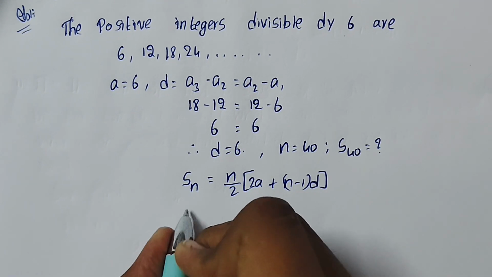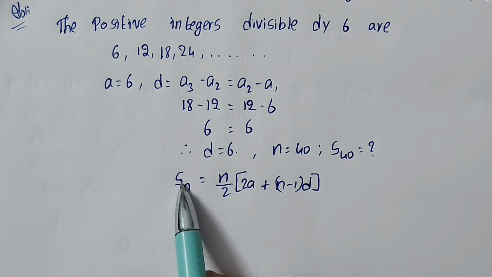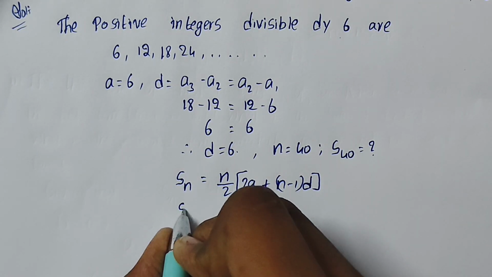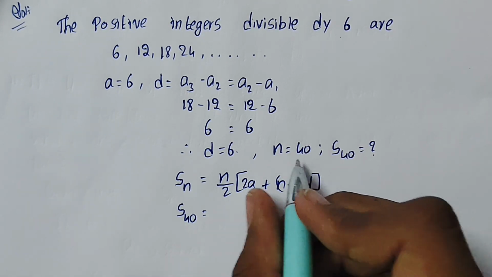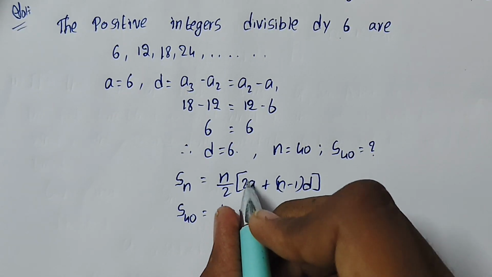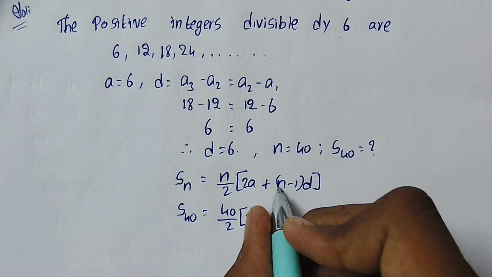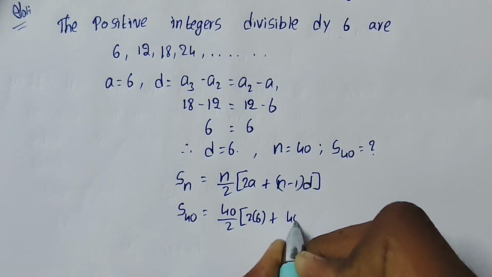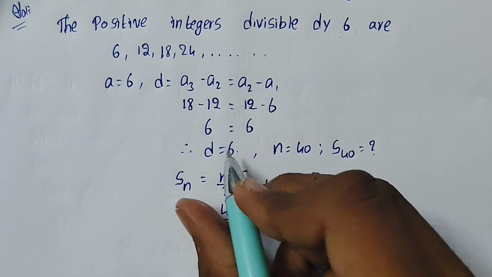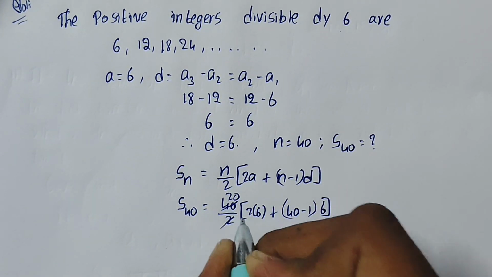I am writing Sn as S40, as he asked in the question, where the value of n is equal to 40. So 40 by 2 into 2a, which is 2 of 6, plus 40 minus 1 into the value of d, which is 6. So 2 ones are 2, 20s are 40.